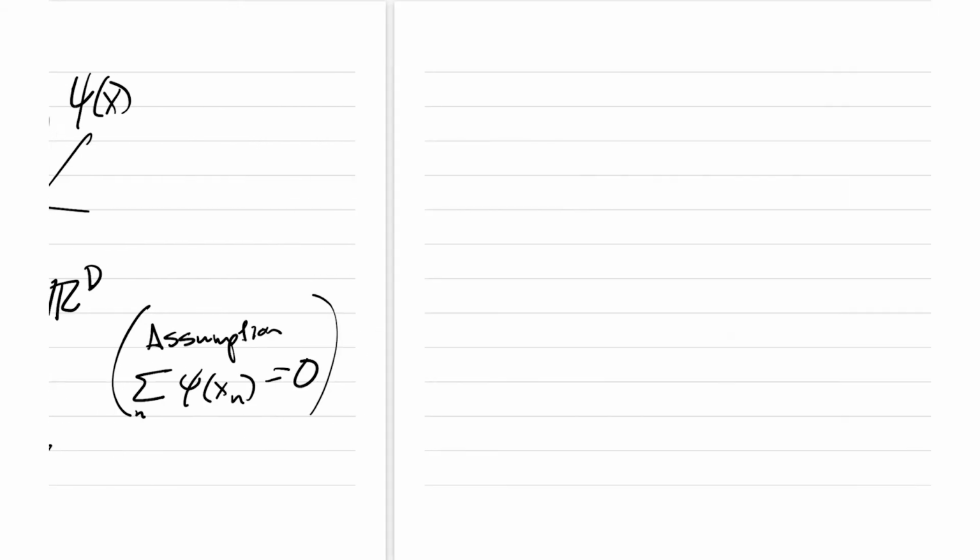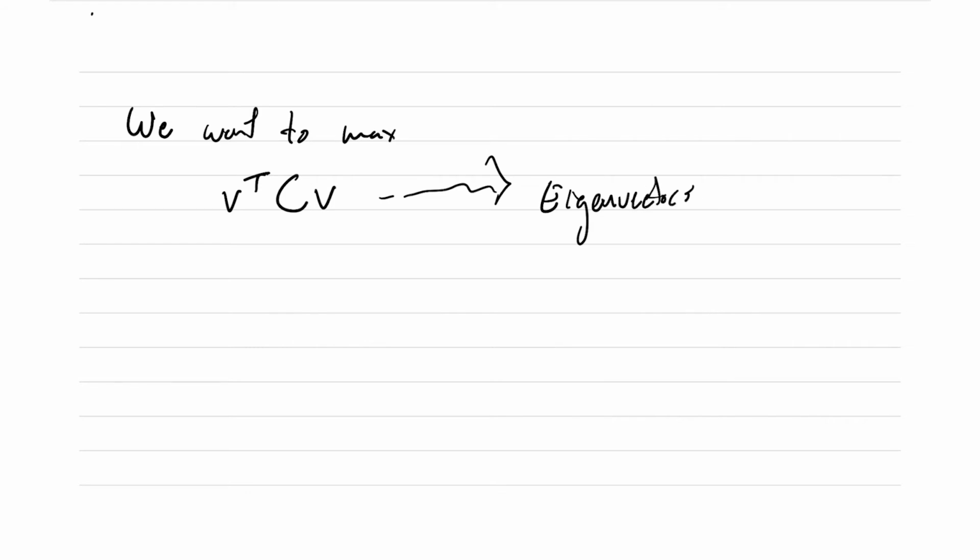So just as before, what we're looking for is we want to maximize this variance. So we want to maximize, say, V transpose C V, and in order to do that, our intuition says there should be an eigenvector equation, and so then we're looking for C times V, which should be equal to lambda times V. Now, in order to get here, we have this problem where we are trying to figure out exactly how to express this V in terms of this feature space.